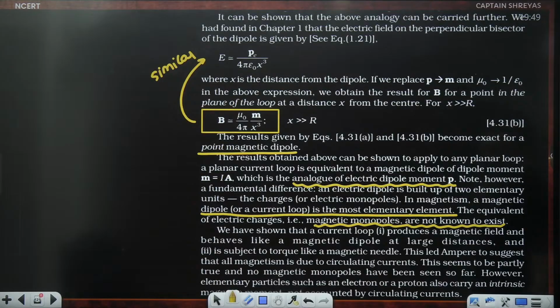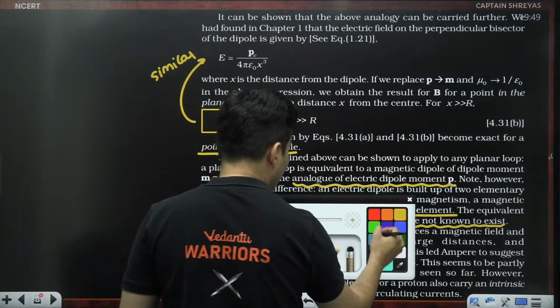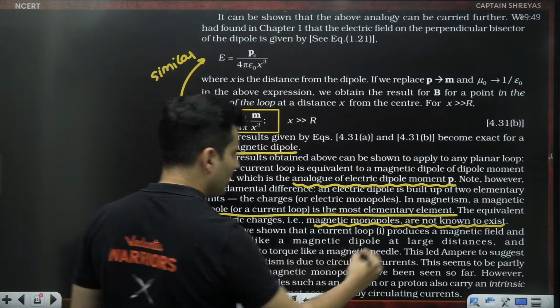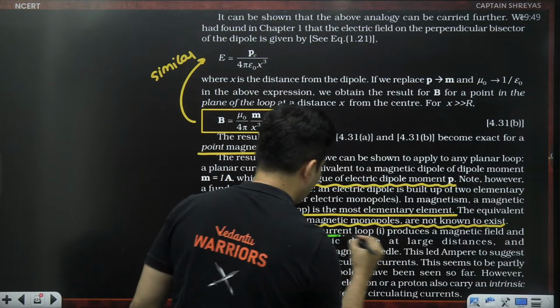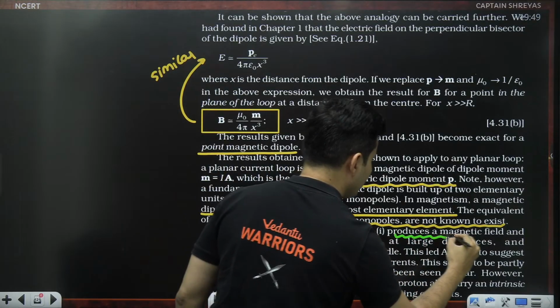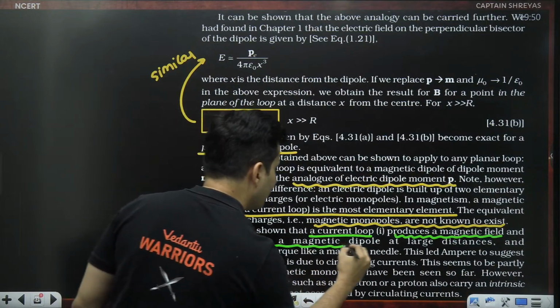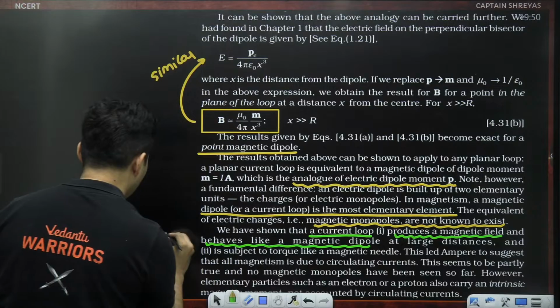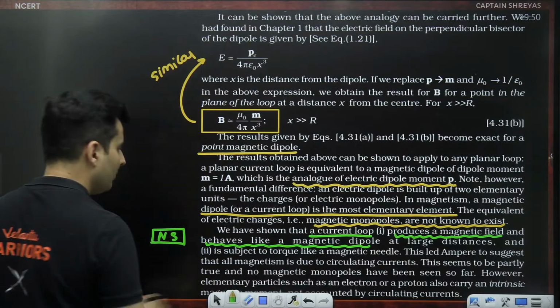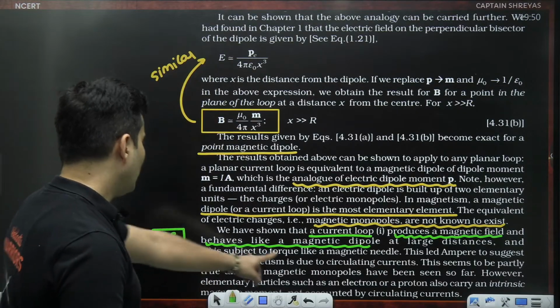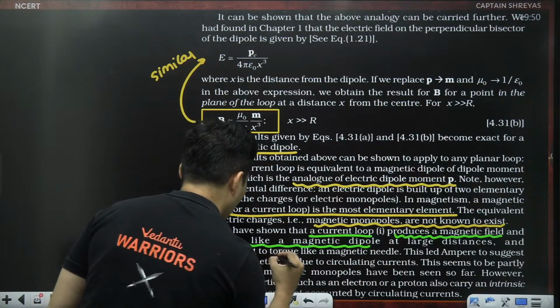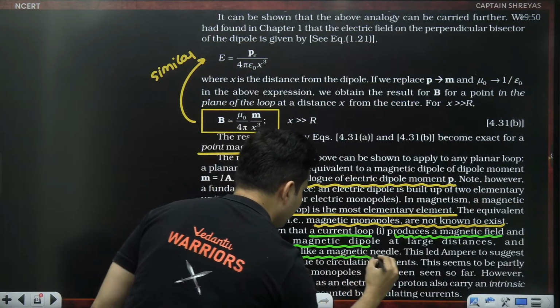Okay. So we have shown, what is the final conclusion? We have shown that a current carrying loop produces a magnetic field and behaves like a dipole, which is basically a north-south bar magnet. It is also subject to torque. It will also experience torque like a magnetic needle.